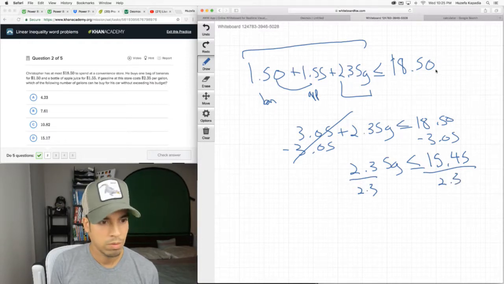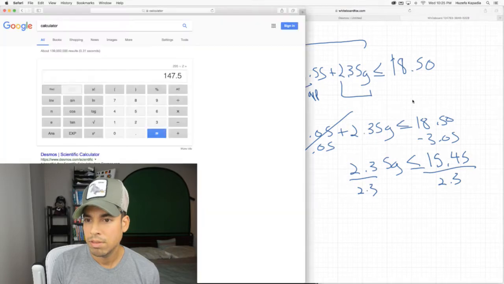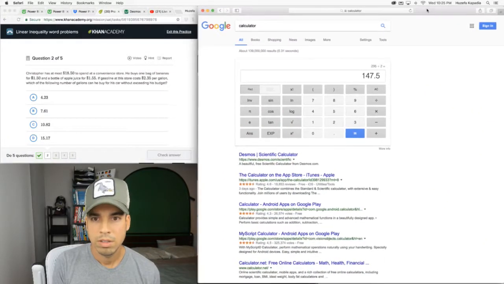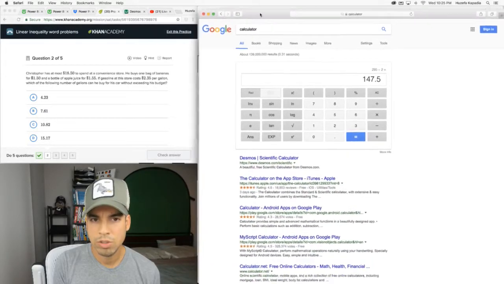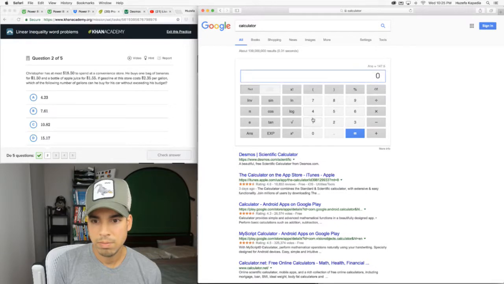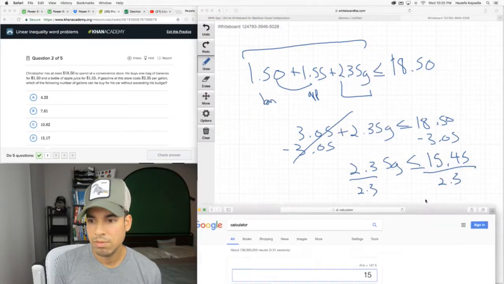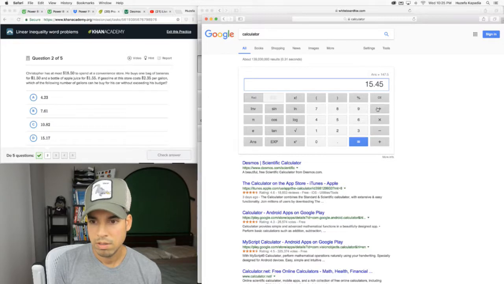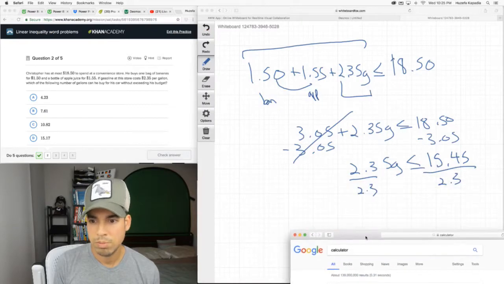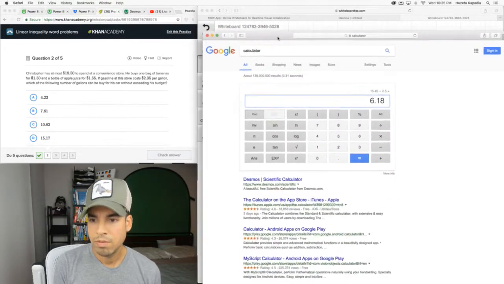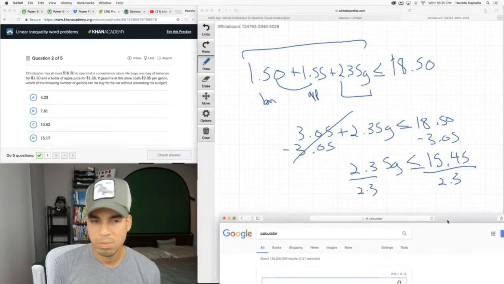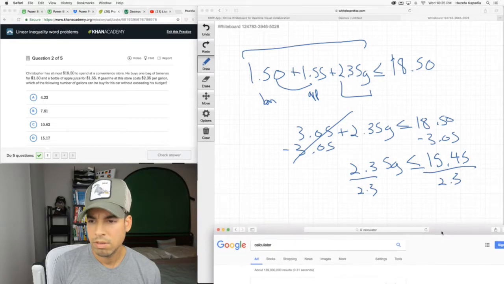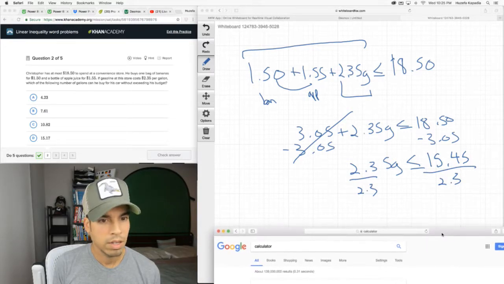Should I just use a calculator? I think I will. So 1545. Oh boy. What did I do here? That didn't mean to do that. I don't even know how to put this back in. All right, well, we'll just do it like this. 1545 divided by 2.35.